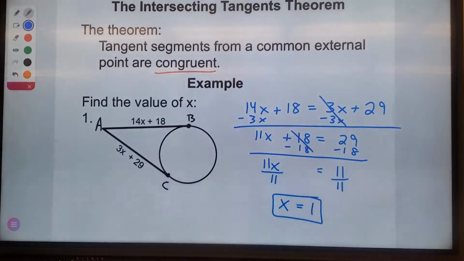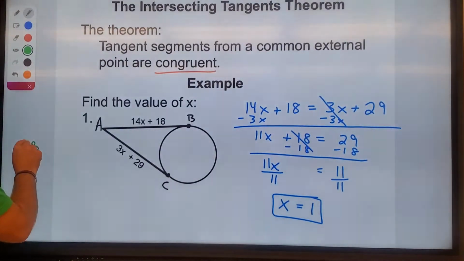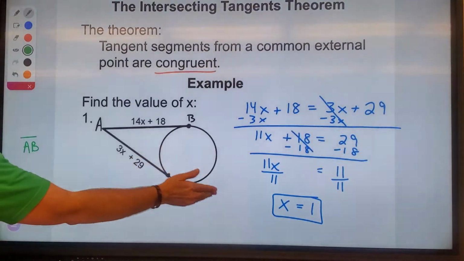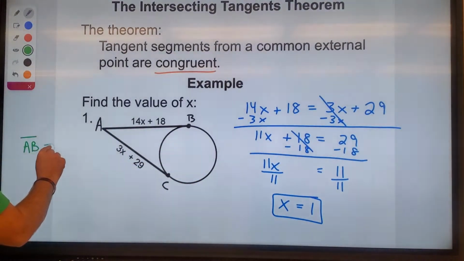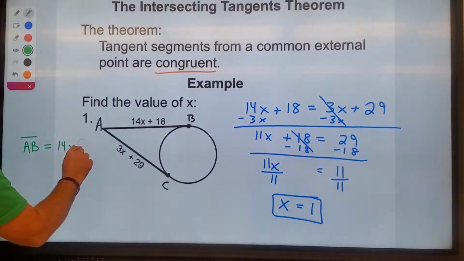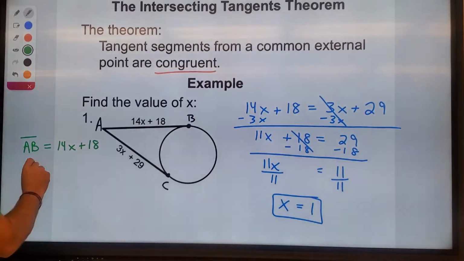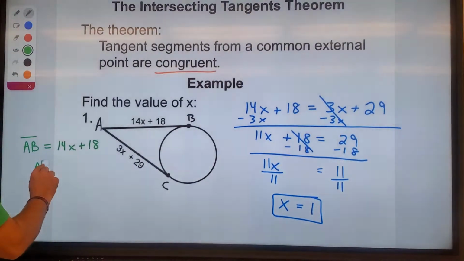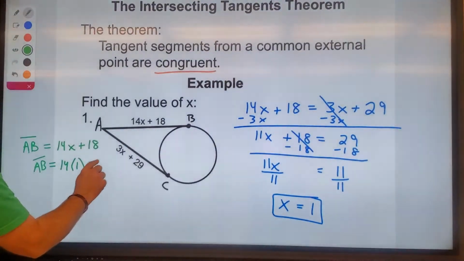Okay, so for example, let's do that. If I found the value of AB, what I'm going to do is find the value of x because I need to plug in x into this equation. So AB equals 14x plus 18. But I've now found that x equals 1. So then AB is equal to 14 times 1 plus 18.